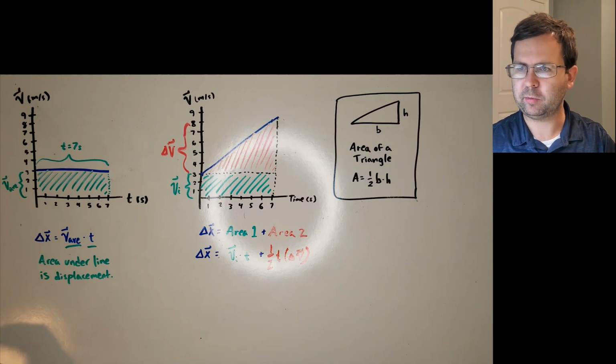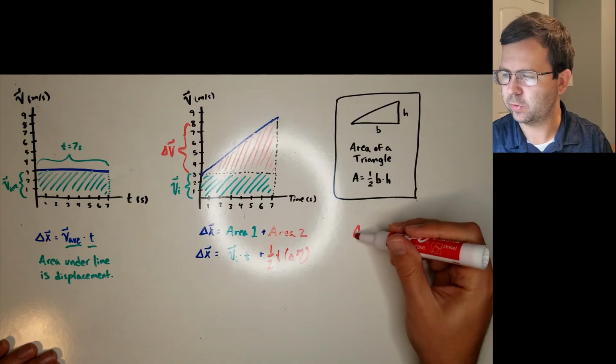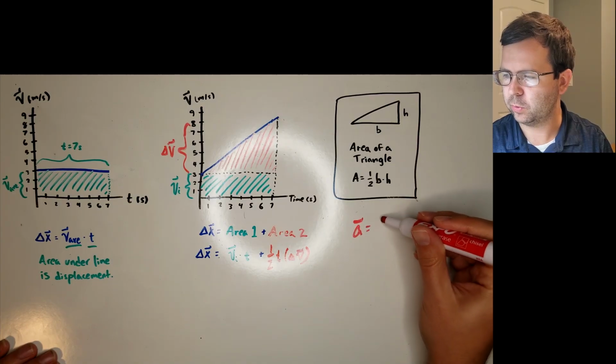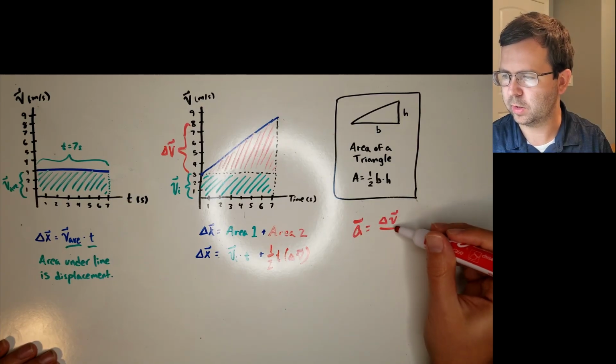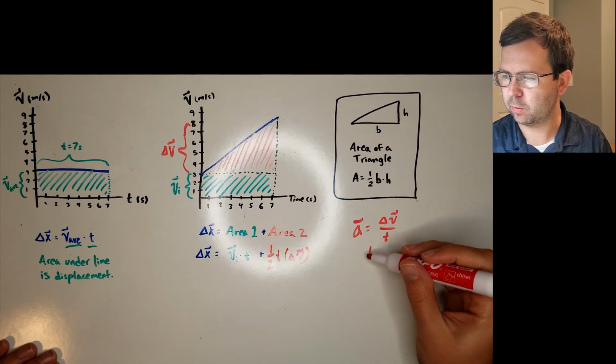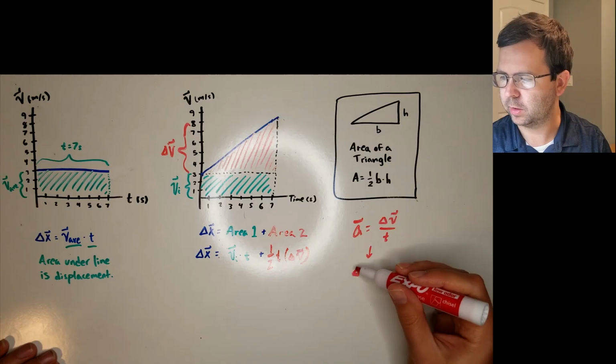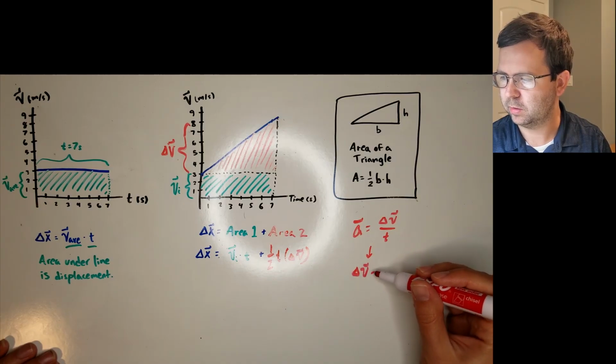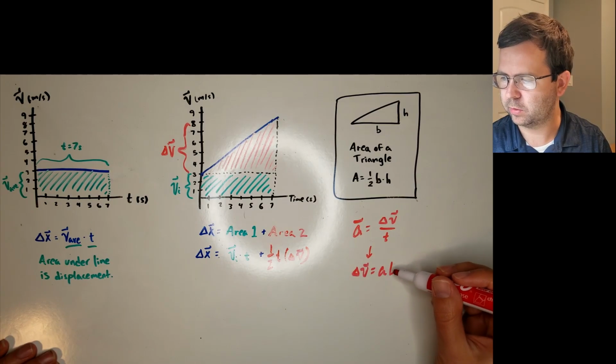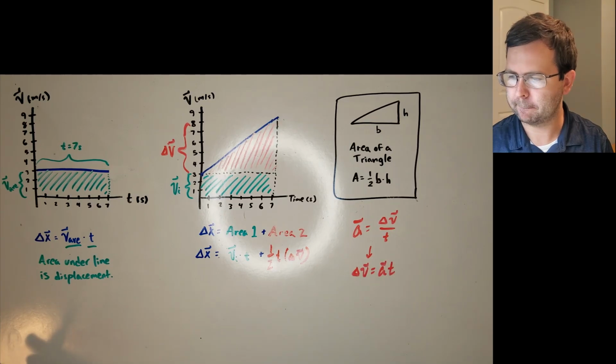If you recall from a previous equation, the acceleration of an object is equal to the change in velocity over time. So I could rearrange that equation, multiply by time on both sides, and we get the change in velocity is equal to the acceleration times the time.